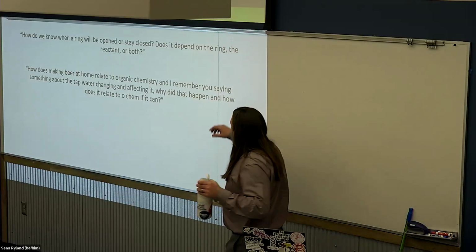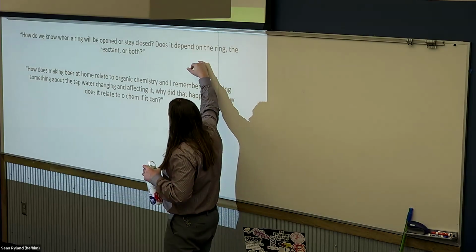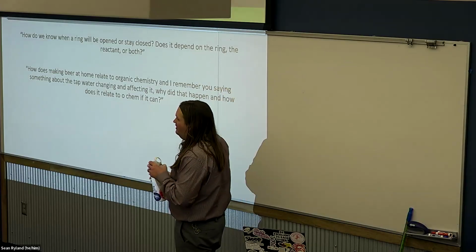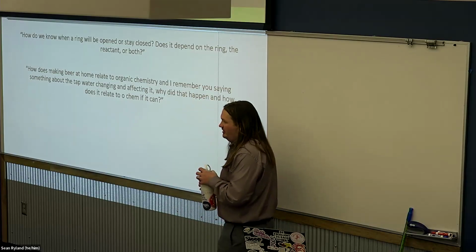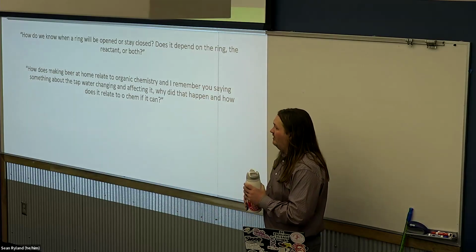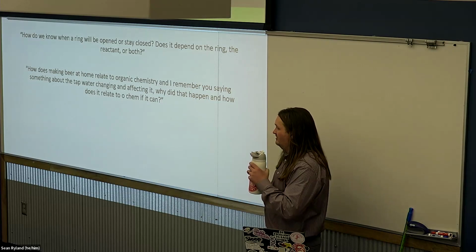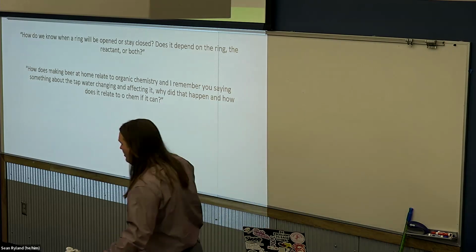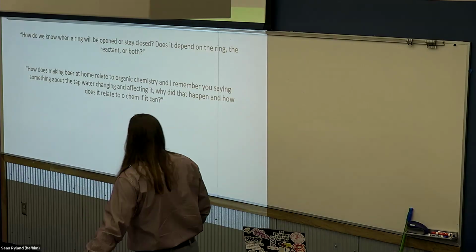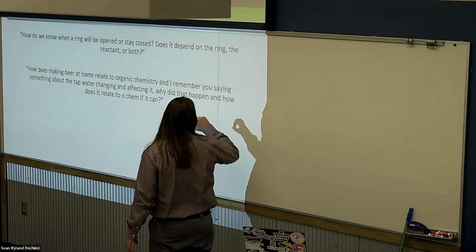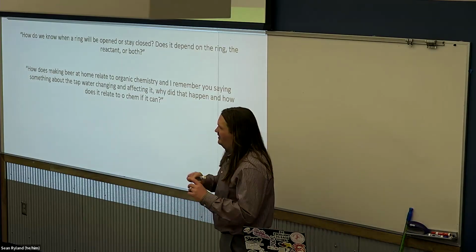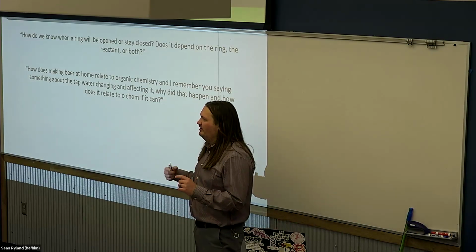How do we know when a ring will be opened or stay closed? It depends a lot on what the ring is, because basically you don't do ring opening reactions when it's all carbons in the ring, unless there's something like ozonolysis going on. So it's more about, we don't always think about the ring opening reaction. The one you should always be looking for is when it's a three-sided ring, because those are really unstable.